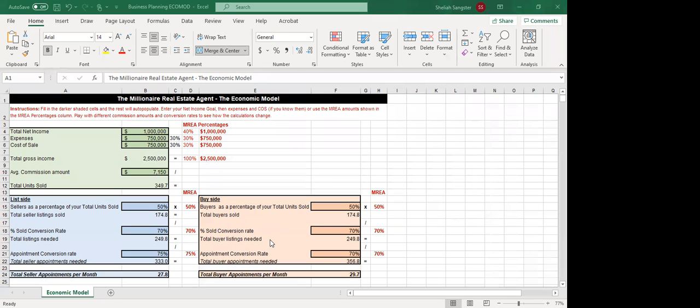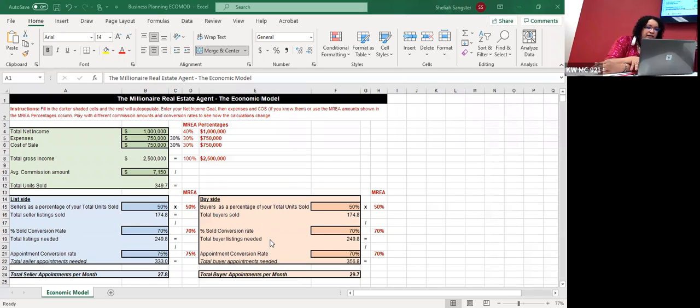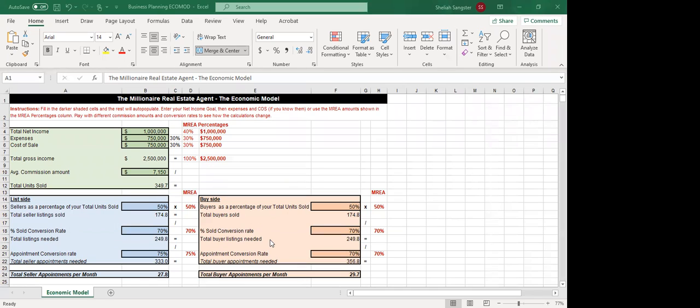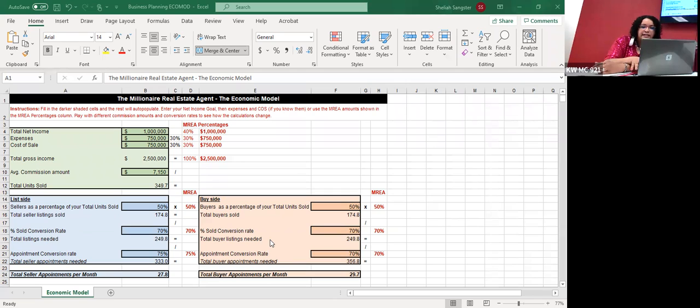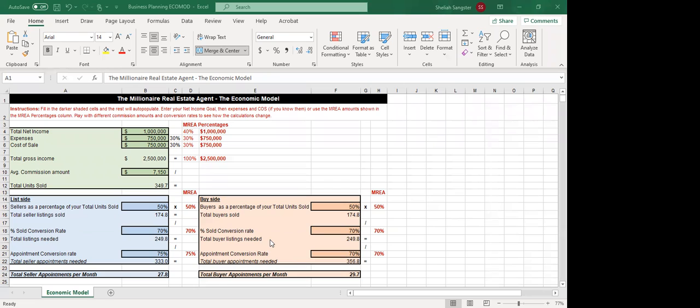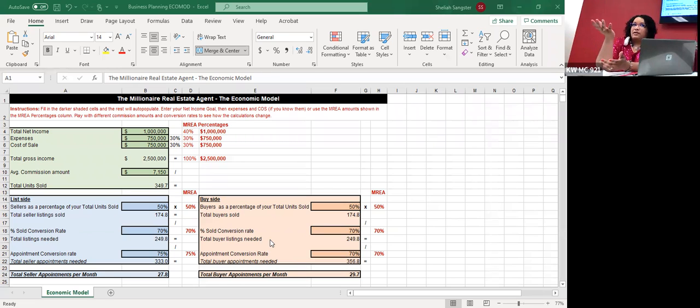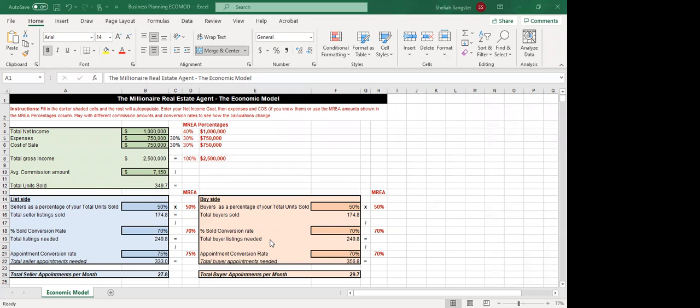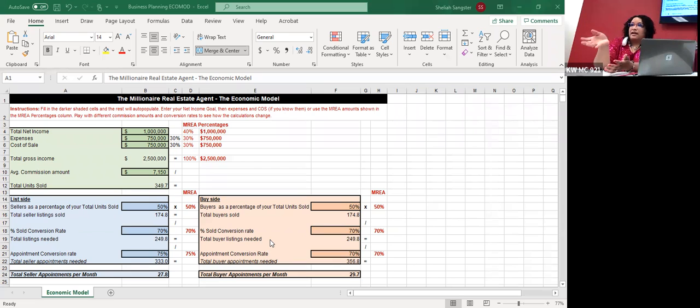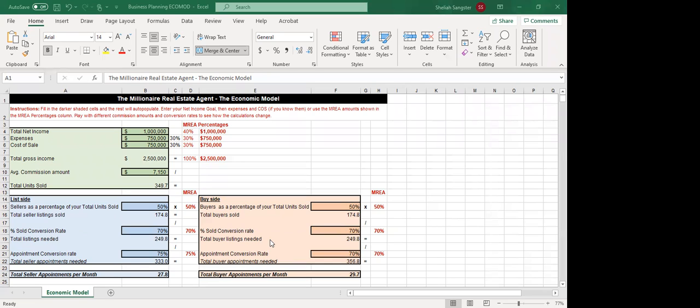It just depends on your focus. And as far as conversion rates, usually there are about 75%. So for every 4 appointments you go on, you're going to convert about 3, a seller listing taken, a buyer listing taken.